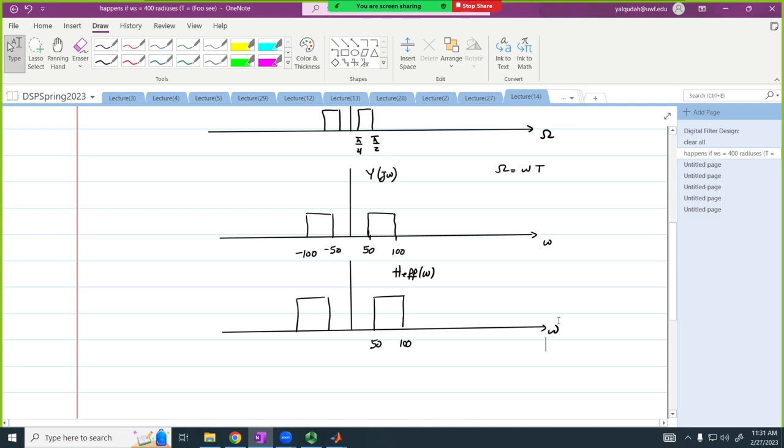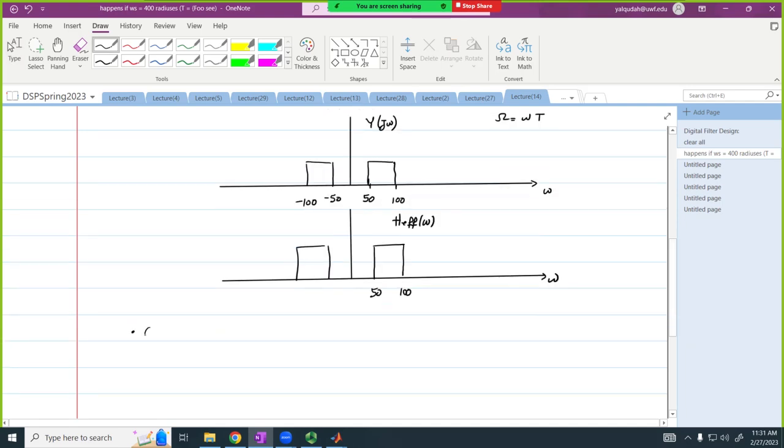So the effective filter is going to look something like this. Therefore, just to add to that, once a filter is designed for a particular frequency, if the same filter is used with a different sampling frequency, the effective continuous filter would change.